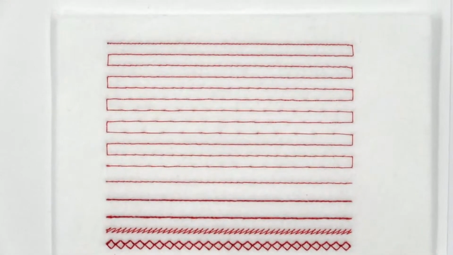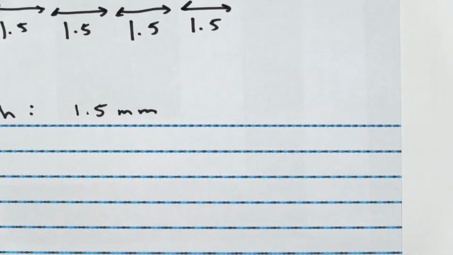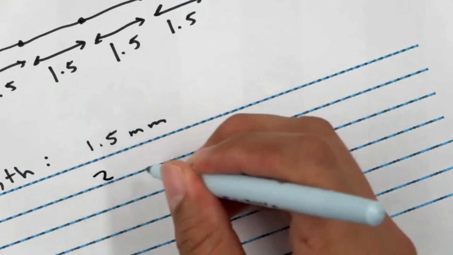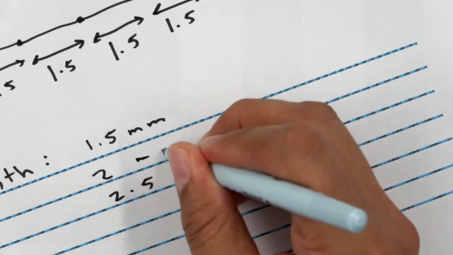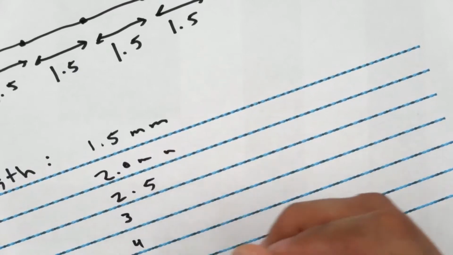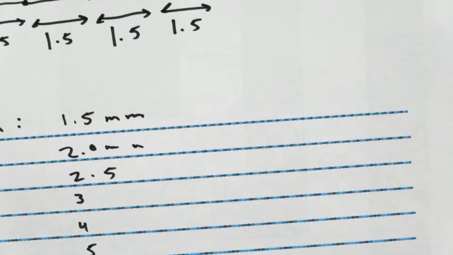The run stitch, it's pretty much the length. Here, length 1.5, 2. These are your most common ones. 2.5, 3, 4, 5, 6, and then I went to 7, 8. I took it all the way to 8 so you could see. Once we get to the software, let me zoom out.